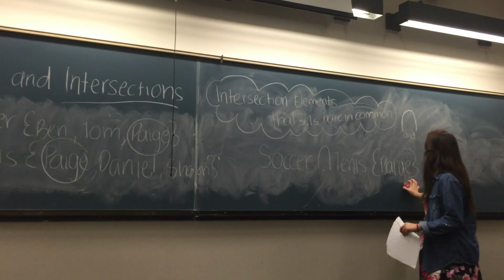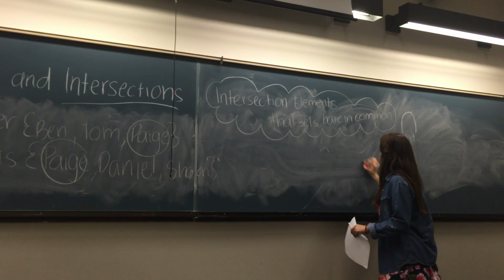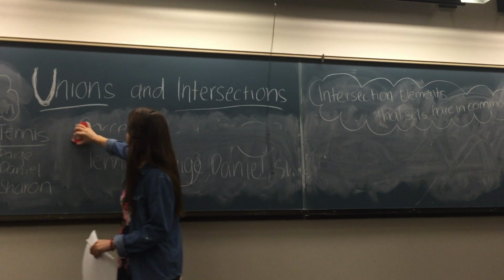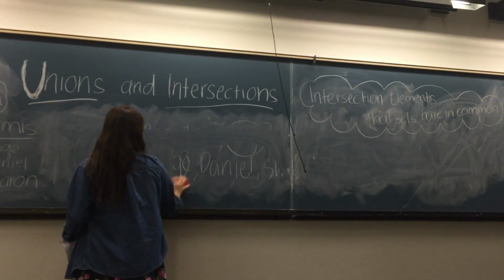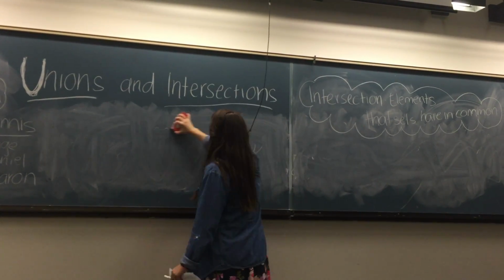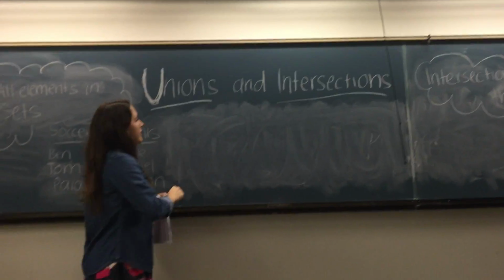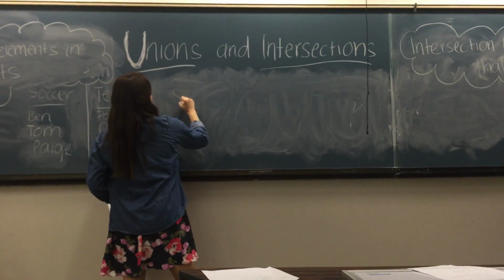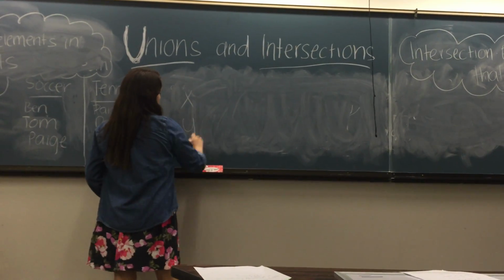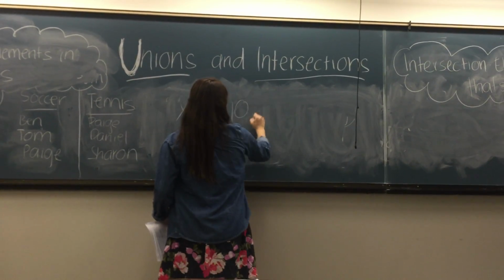Let's move on then. I'm going to get rid of this example so we can go over another example. And after this example, you're going to get to try it. Okay, so we have two sets, x and y. Set x includes numbers 5, 10, 11.